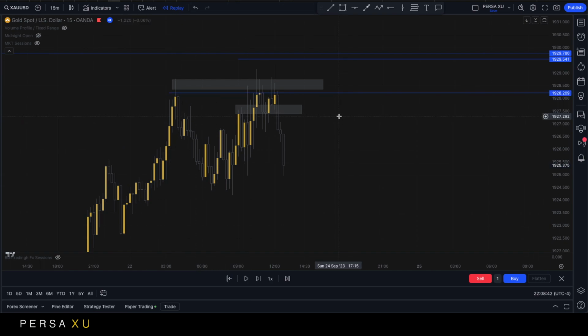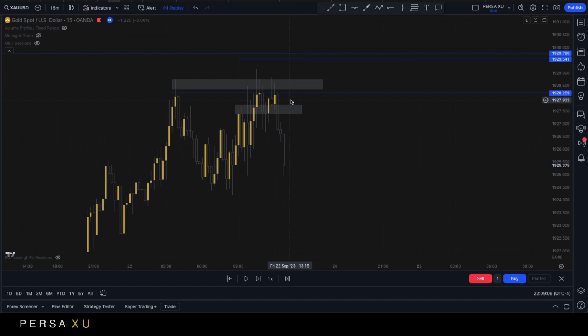Okay, so if you did not enter your trade here, after seeing this behavior where the candles close below this price, bearish candle closing, bull, bear, bull, even the bullish candles fail to close above this resistance, this price.